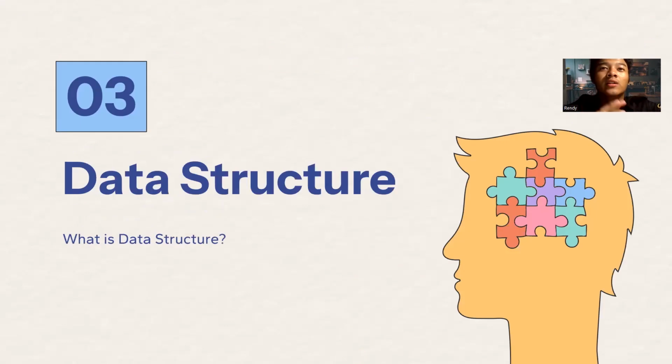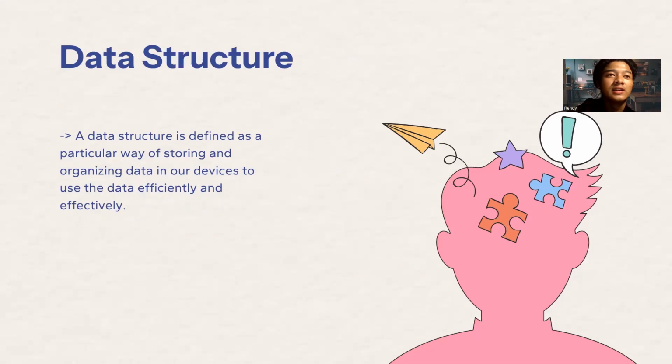So we're going to move to the other topic, data structures. So what is a data structure? A data structure is defined as a particular way of storing and organizing data in our devices to use the data efficiently and effectively.